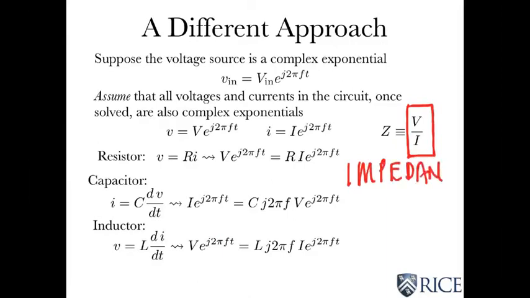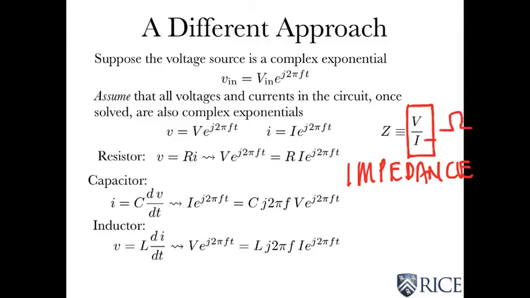So we're assuming that the source is a complex exponential at some frequency, and we now know that every voltage and current in the circuit is also a complex exponential. Well, let's hide the complex exponential for a while and just look at the complex amplitudes. We're going to define Z, the impedance, to be capital V over capital I. I want to point out that V is in volts and I is in amperes, so the ratio is ohms.